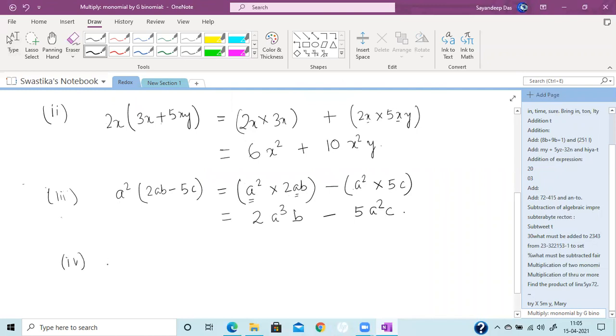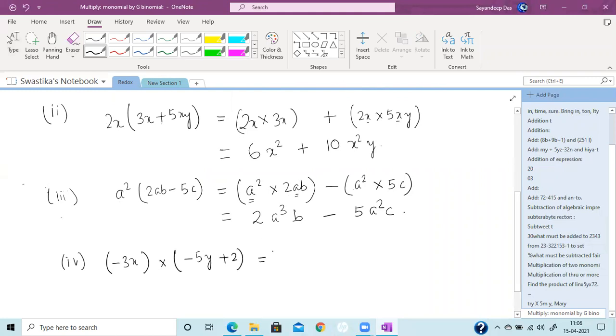See here, this problem I am giving you: one monomial is minus 3x and another binomial is minus 5y plus 2. How will you multiply these two?